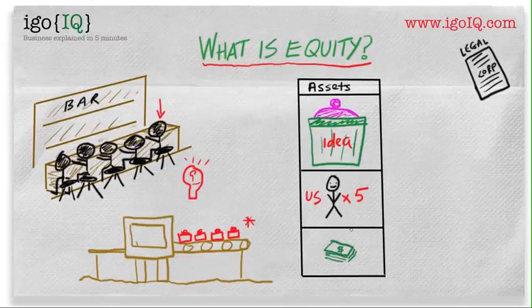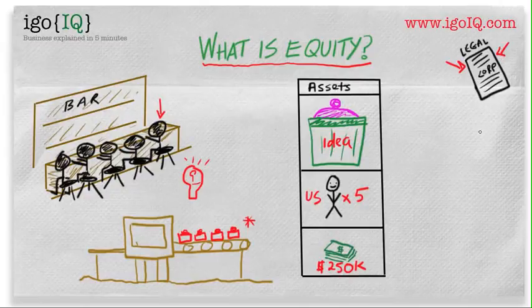And then the other thing we have that is a tangible asset is we've all decided that we're going to put $50,000, say, into the business. So as of the starting of the business, we have $250,000.